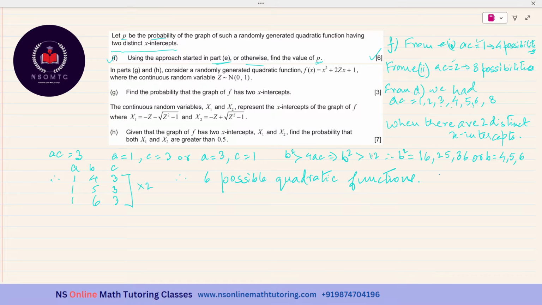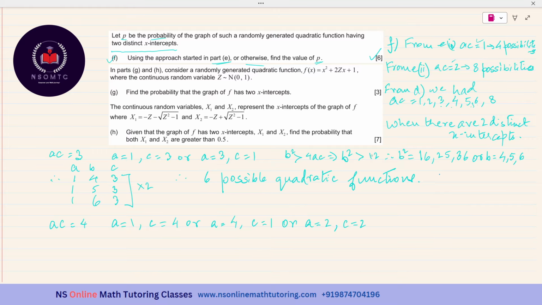Now AC equal to 4. Okay. So how can we get the product of AC as 4? A equal to 1, C equal to 4, or A equal to 4, C equal to 1, or A equal to 2, C equal to 2.